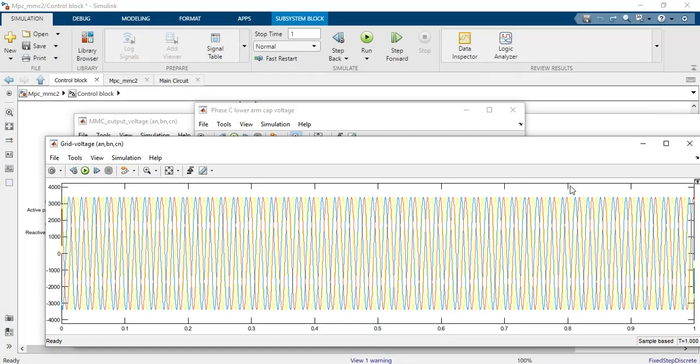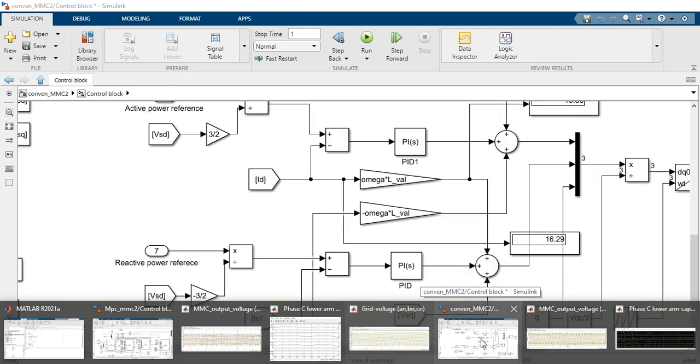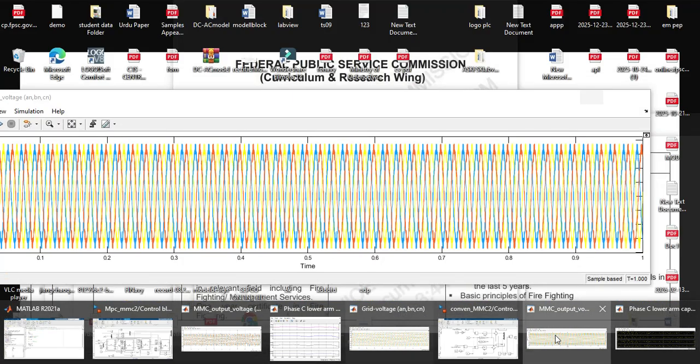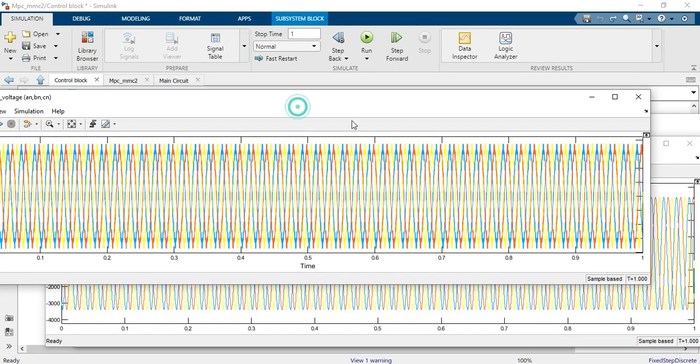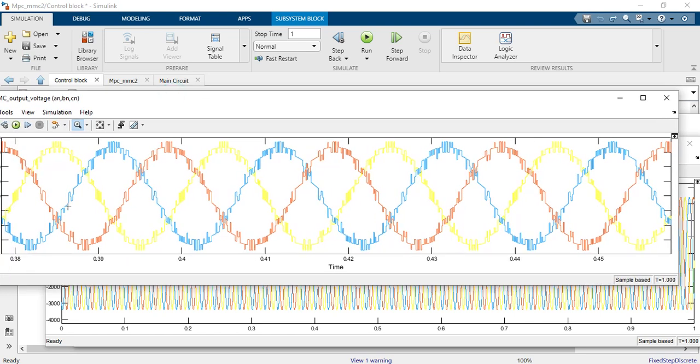These are the grid voltages of the MPC. Now, if you compare them with the conventional control, conventional control is different. This is the output voltages of the conventional control. You see there is a PWM effect there.